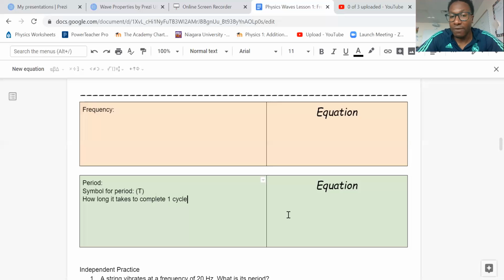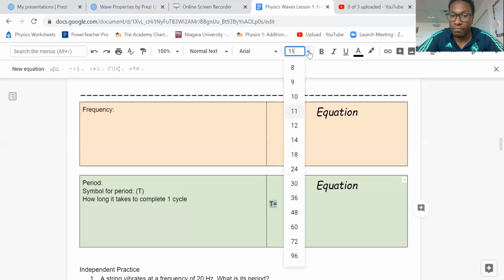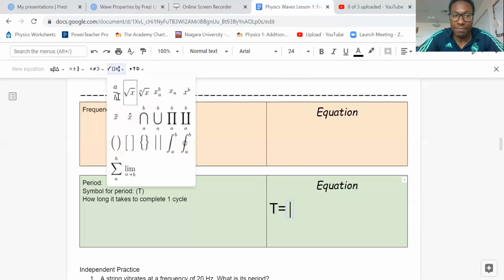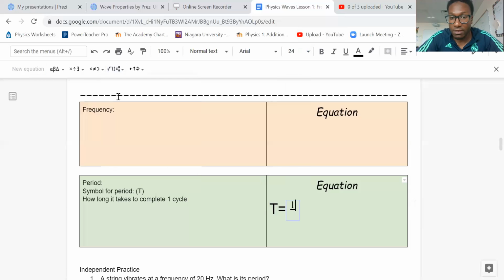So if we're looking for the equation for period, so capital T again, equals, oh, and this looks a little tiny. Let's make it larger. So period, capital T, equals 1 divided by the frequency.